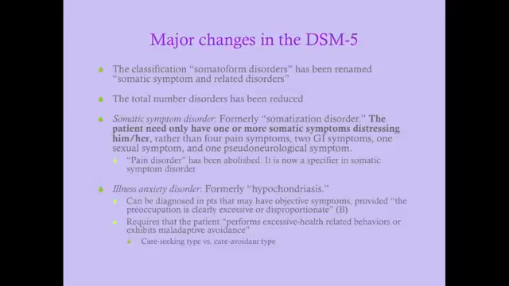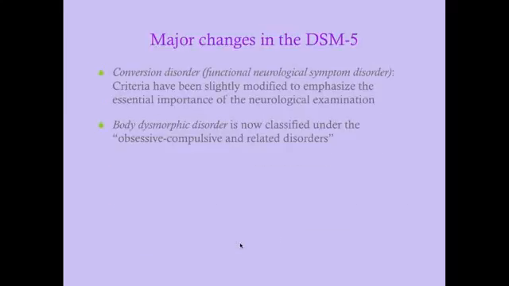Either the person is excessively obsessed with their disorder and seeks help to a ridiculous extent, or they're so freaked out about what they think they have that they don't come in at all. And we have two subclassifications of illness anxiety disorder, the care-seeking type versus the care-avoidant type. And you can imagine how those criteria would elicit one or the other of these subclassifications.